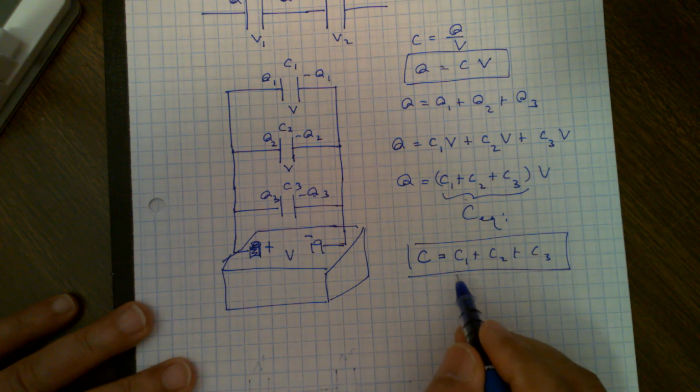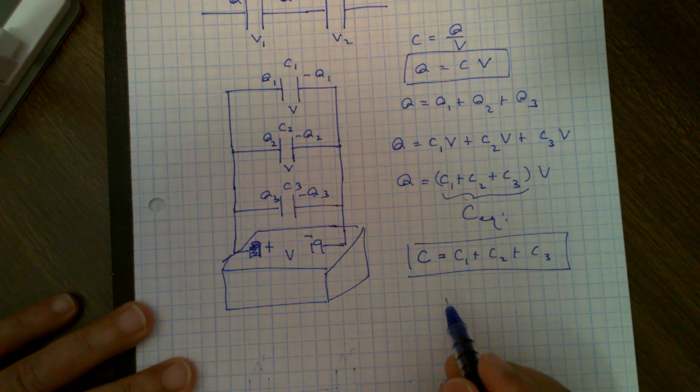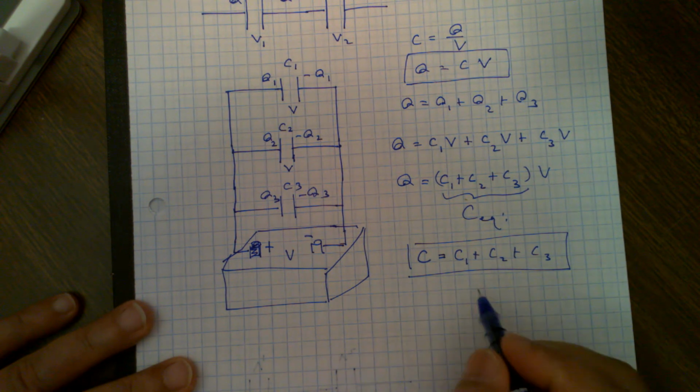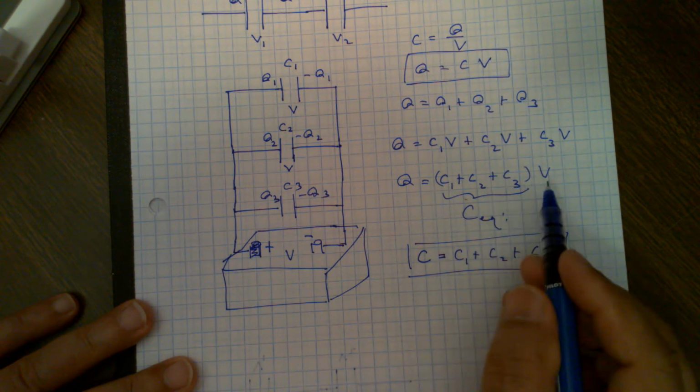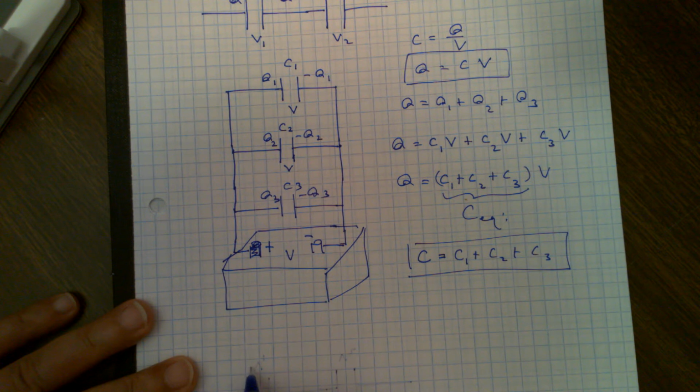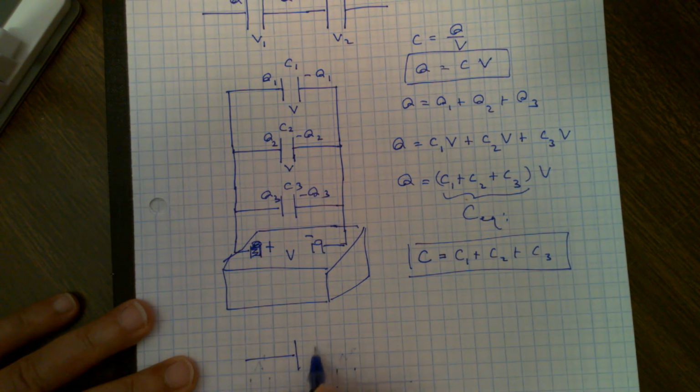All right? So that is very simple. And actually what this formula, Q is equal to C equivalent times V, means is there is only one capacitor representing all these.